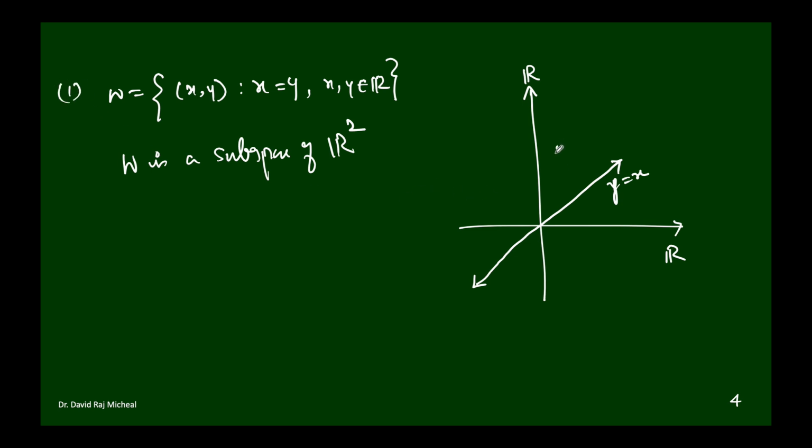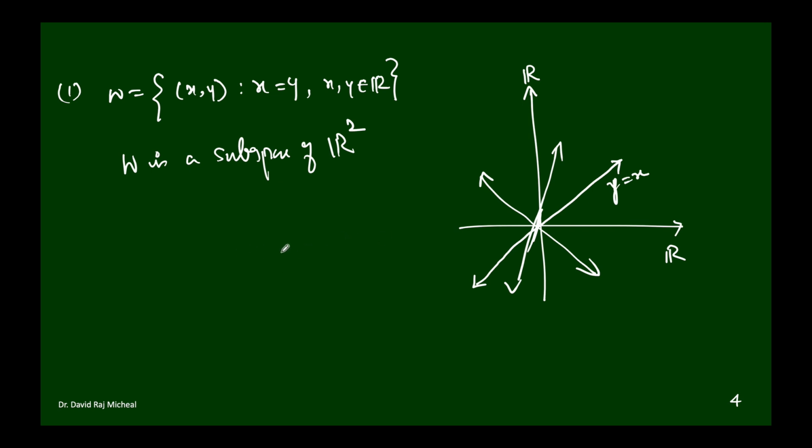You can see any line passing through the origin is completely contained in R2, and each such line is a vector space. Therefore any line passing through the origin is a subspace of R2. More generally, any plane passing through the origin is a subspace of one dimension more.